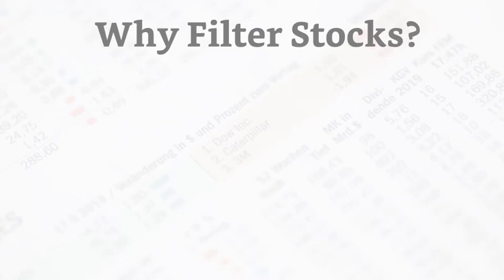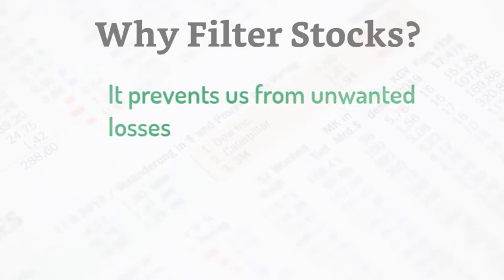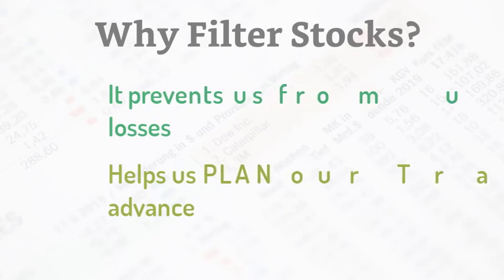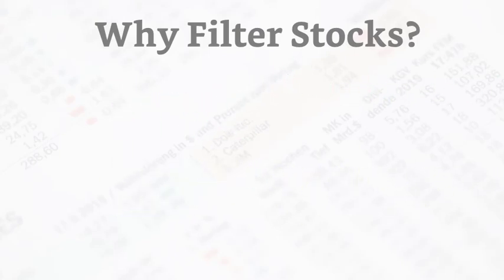Essentially, what the stock filter does is that it prevents us from unwanted losses. Also, on the other hand, it helps us plan our trades in advance, giving us a psychological comfort and confidence while we put our money in.